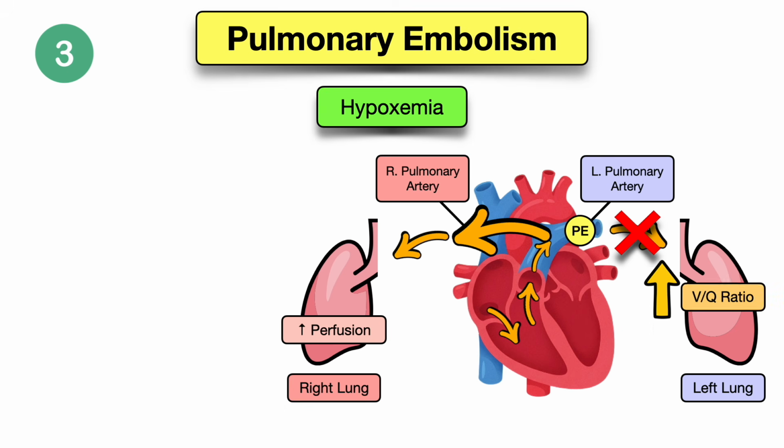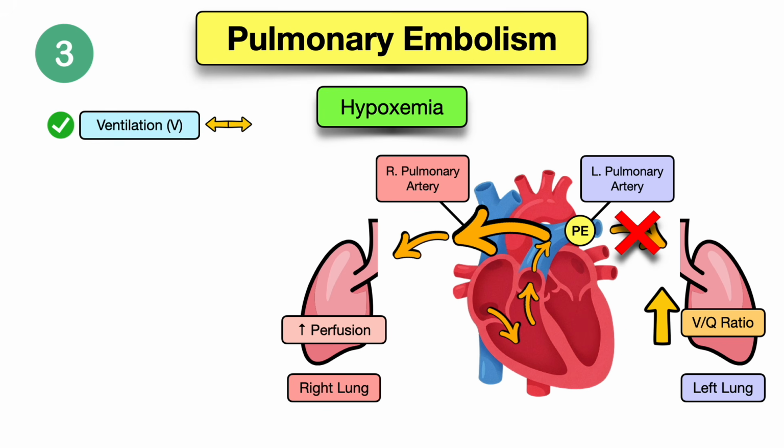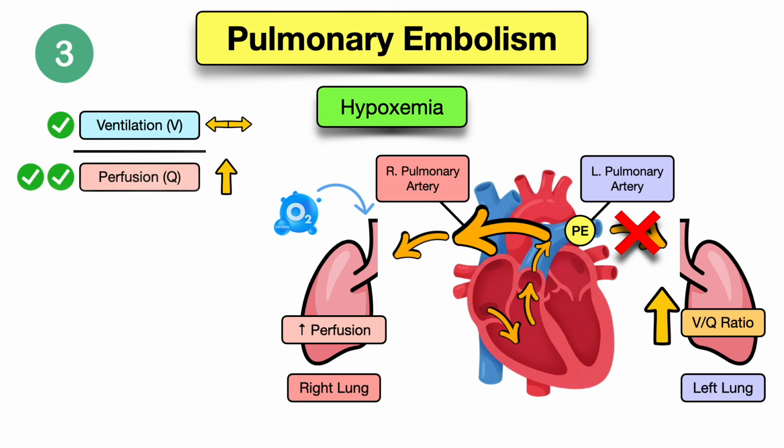We just talked about how the left lung has a high VQ ratio from decreased perfusion. Well, now for the right lung, the ventilation is still the same, meaning the patient is breathing in oxygen to the alveoli. However, the perfusion is increased. This will increase the denominator, which is perfusion, and this will decrease the VQ ratio.